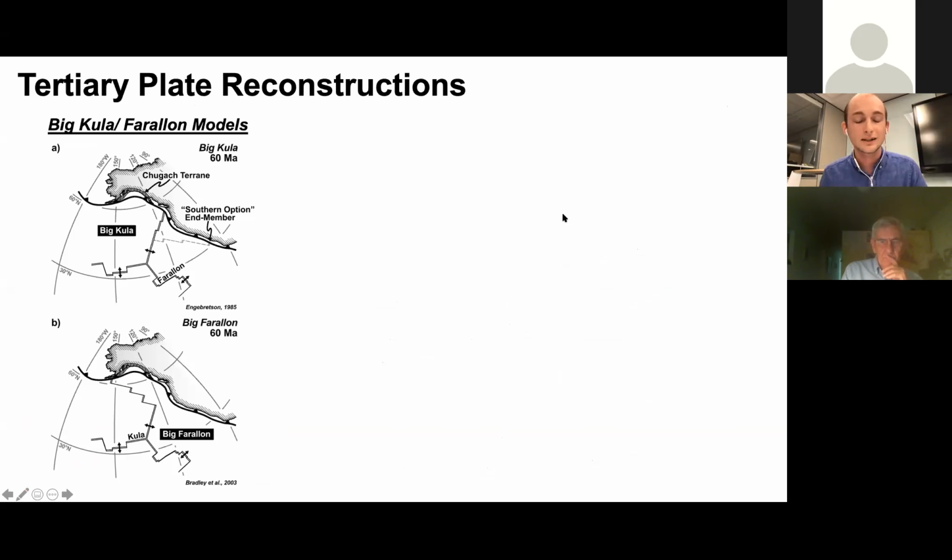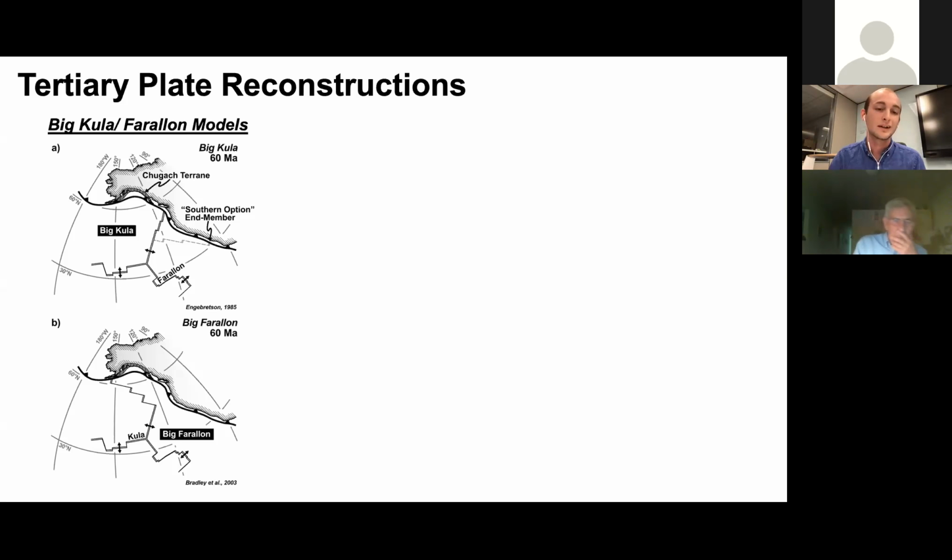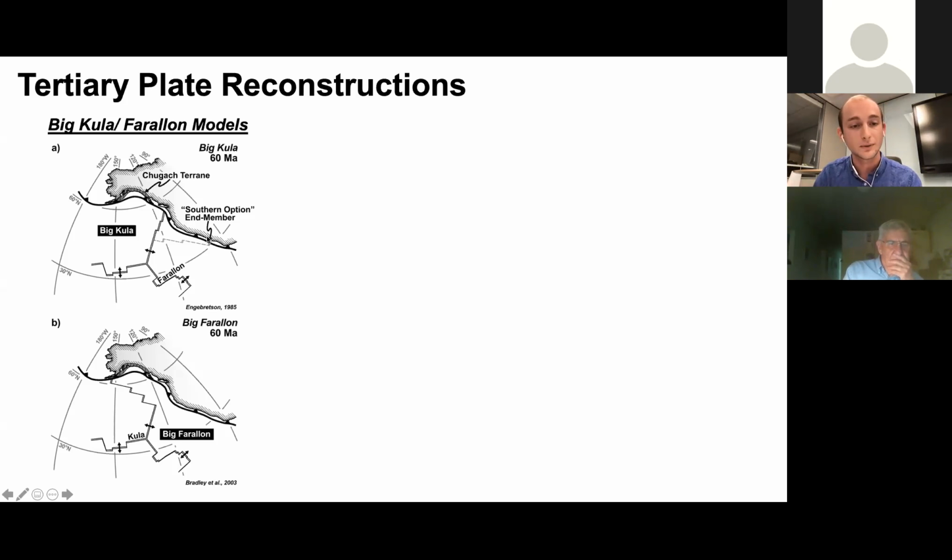But before I get into that, I wanted to start by highlighting the diversity of published plate tectonic scenarios in this part of the world since early Cenozoic time. So the most simple tectonic models of this part of the world involve the subduction of a single mid-ocean ridge residing anywhere from northern Mexico to the Pacific Northwest, all the way over to Western Alaska.